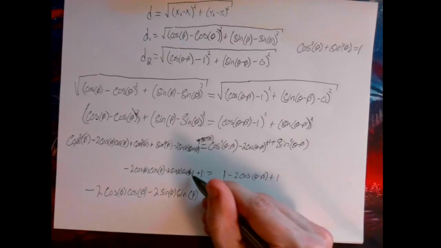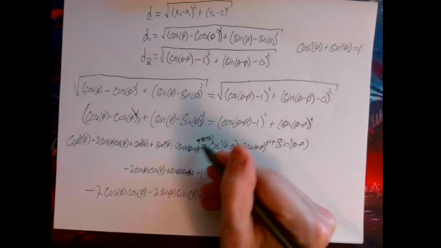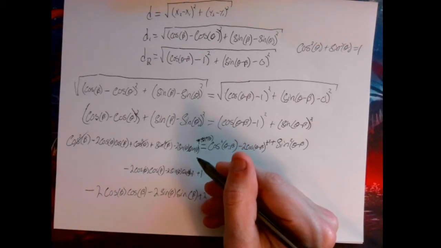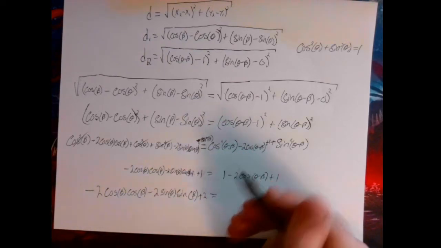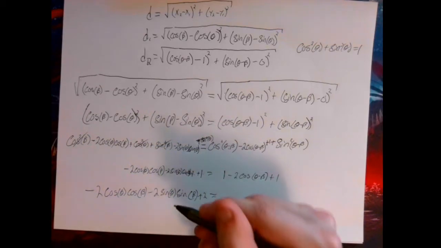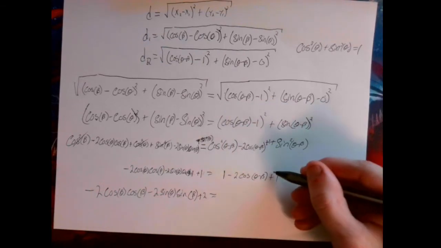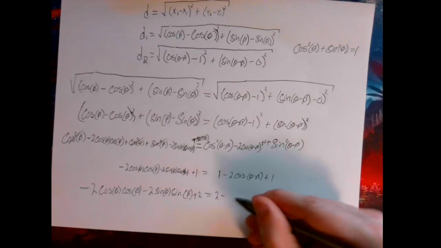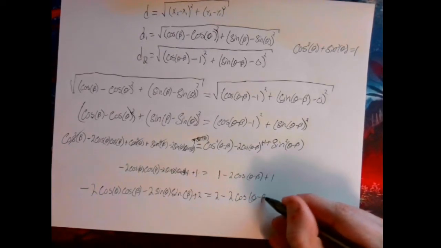And then there's 2 1s here, say plus 2, because remember that we simplified the cosine of beta squared and sine of beta squared and cosine of theta squared and sine of theta squared to 1. So then we got 2 because they both simplified to 1. Then here we have a 1 and a 1, so we'll say 2 minus 2 cosine of theta minus beta.